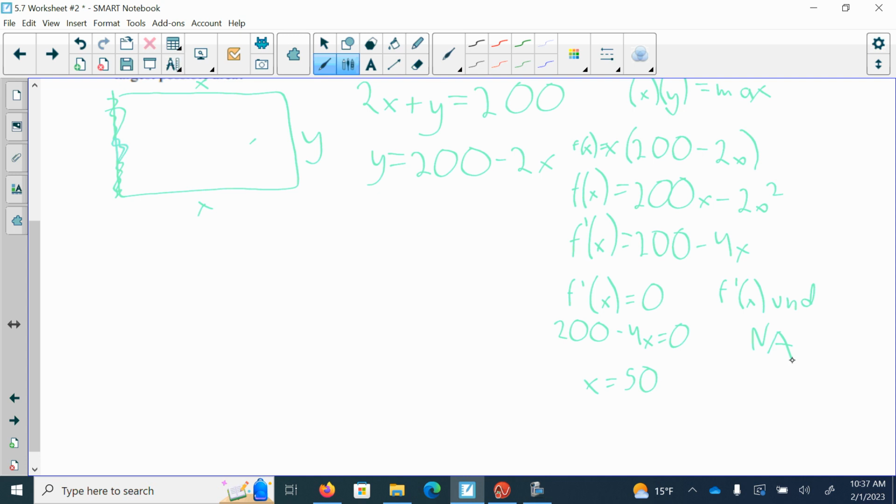If his x is equal to 50, now he's going to plug that back in to find his y. Y is equal to 100, so your dimensions are going to be 50 feet by 100 feet. Everyone good with that one?